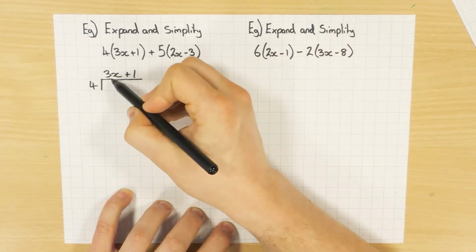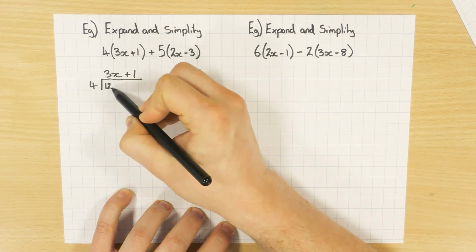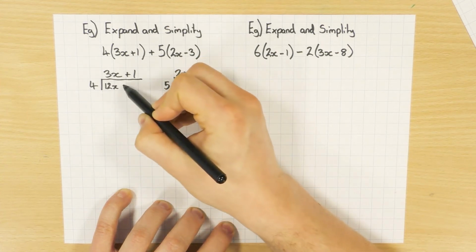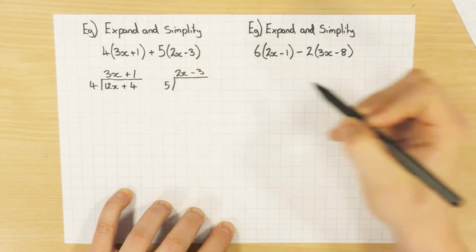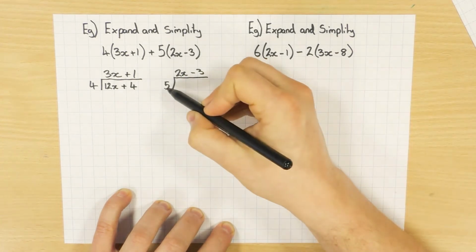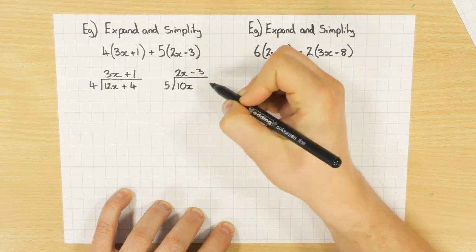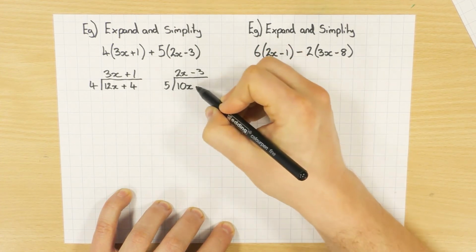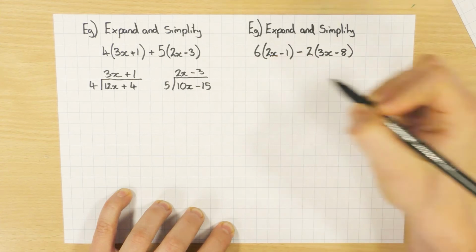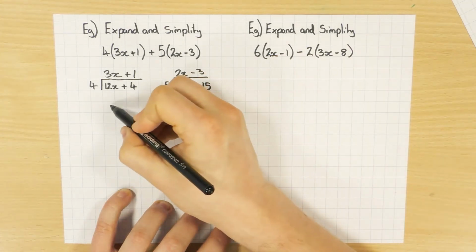So 4 times 3x is 12x. 4 times 1 is 4. So 12x plus 4. Next one, 5 times 2x is 10x. 5 times minus 3 is minus 15. Again, you can write that out.